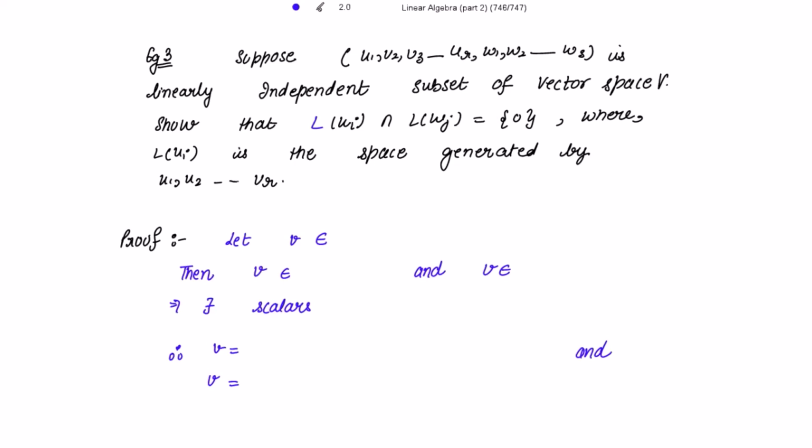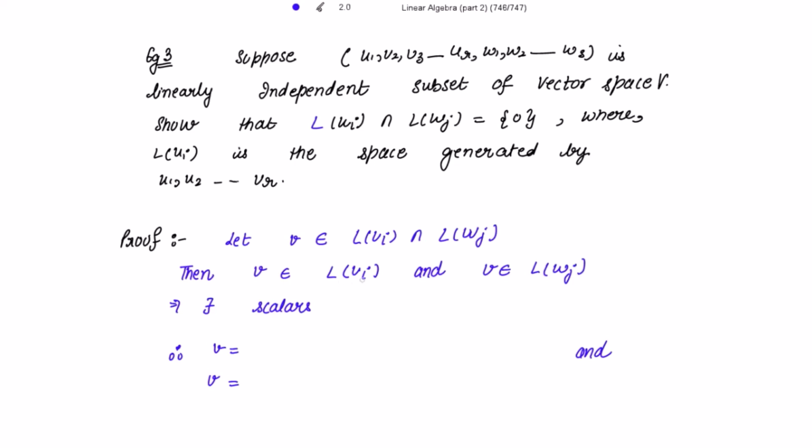Okay, let me take one element V from this intersection, L(U_i) intersection L(W_j). Then, because it is an intersection, V belongs to L(U_i), and V also belongs to L(W_j).